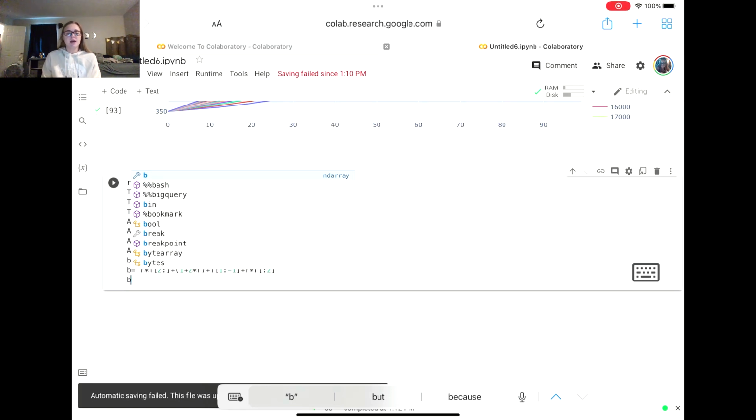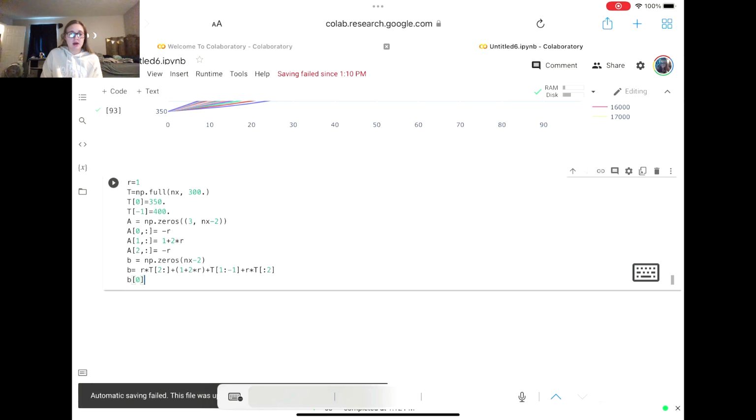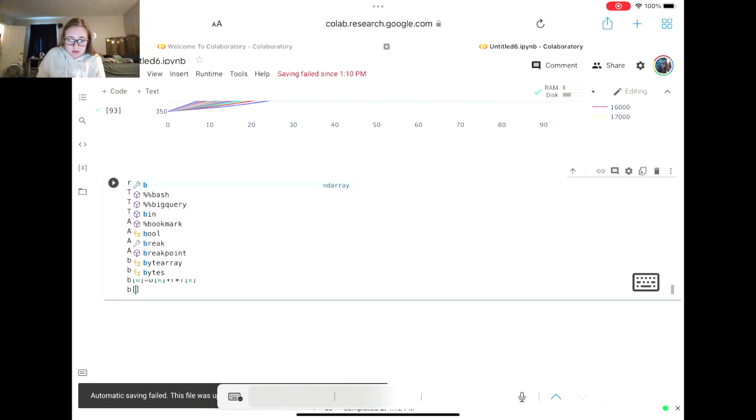Okay. Now we do need to set up our boundary conditions for B. So when B is 0, it's going to be that 350. But we're going to say it like this because this one does change. There is that add the plus r times t of that boundary.